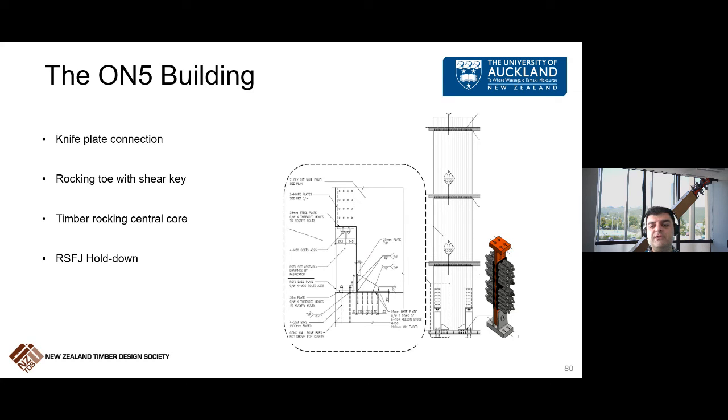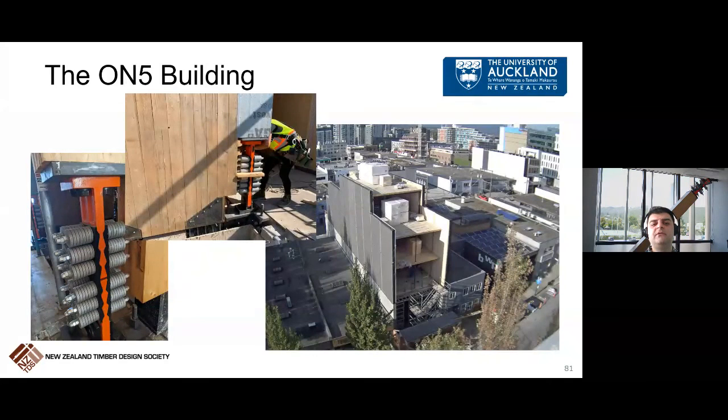Similar detailing was used to connect the units to the CLT, knife blade and dowels, which is like bread and butter in Vancouver, but is kind of considered a crazy detail somehow in New Zealand. I hope that changes soon, in the near future. And there are some recent photos from installation and erection, which I think were taken in the last 3 weeks.